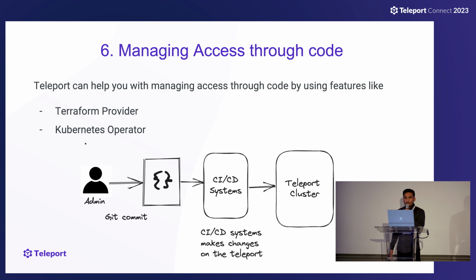Teleport can also be managed through code by using a Terraform provider or a Kubernetes operator. You can create and manage all the Teleport configurations like roles, auth config, resources, auth connectors, everything through code. By doing this, we also maintain a single source of truth for all the config.